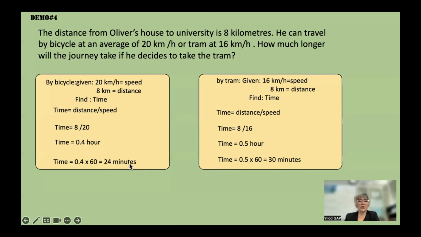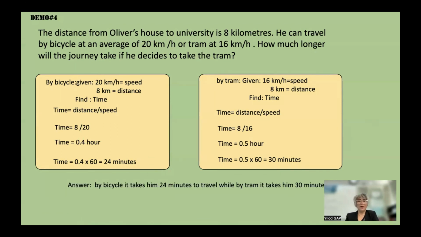By bicycle, 24, and by tram, it's 30. So, okay, by bicycle, it takes Oliver 24 minutes, and by tram, it's 30. Therefore, the answer is Oliver travels 6 minutes longer if he takes the tram.